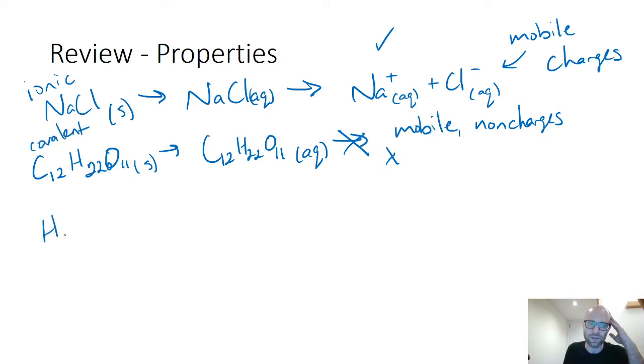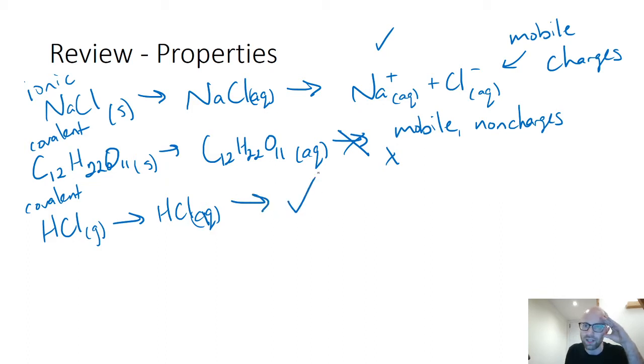So if we're considering something like hydrogen chloride, which is covalent, you might assume that what you get is HCl aqueous and then you'd be done. But the problem is you get conductivity, which, based on what we're seeing with the ionic compound, means we have mobile charges.